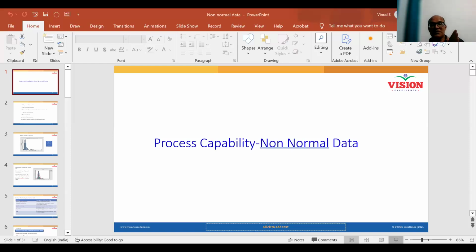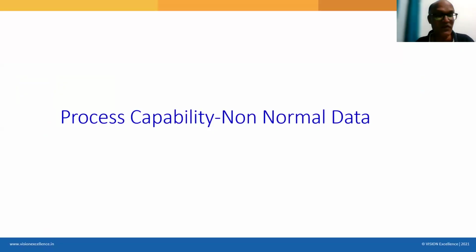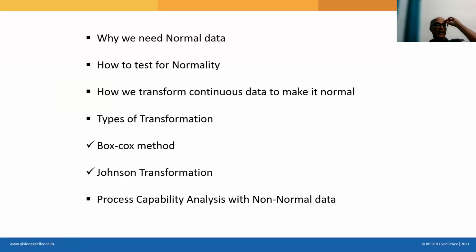Okay, so process capability of non-normal data. Today what we are going to discuss, as I already told, is why we need normal data, how to test normality, and how we transform a continuous data and make it normal.